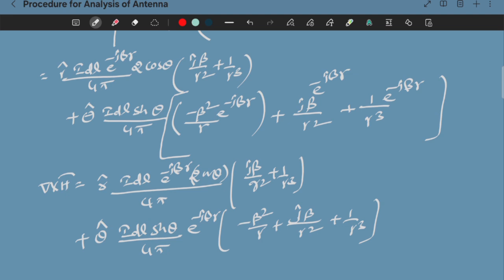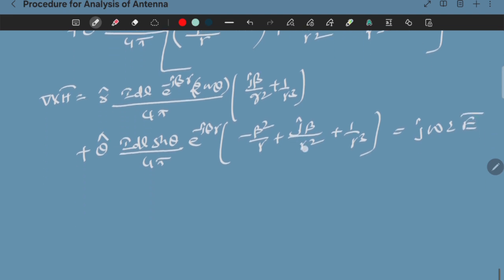Now this is equal to j omega epsilon into E bar. So how to write now? E bar is equal to, you need to divide this expression with j omega epsilon.